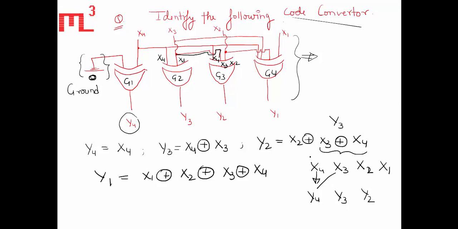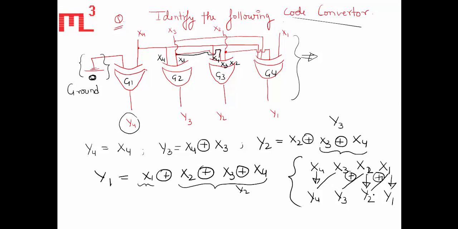So Y2 is nothing but X2 XOR Y3. And again, Y1 is X1 XOR the whole term, which is nothing but your Y2. That means Y1 is the XOR of Y2 and X1.